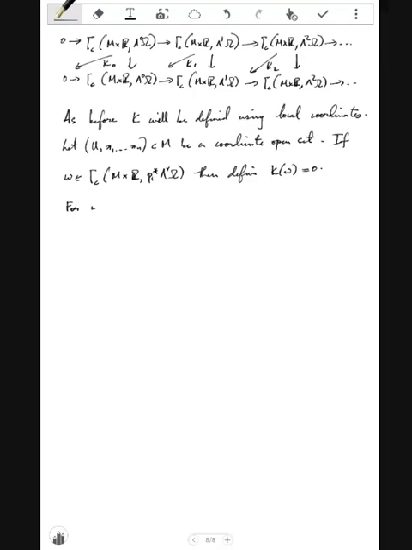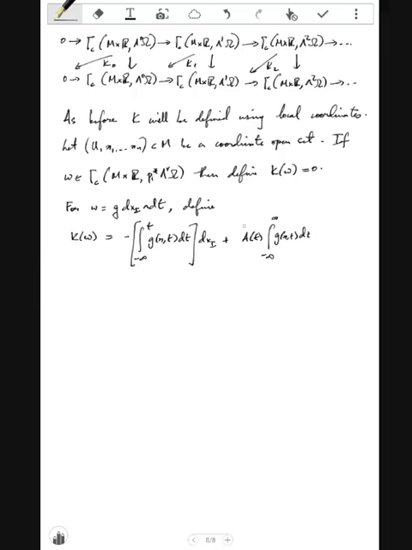For omega of the form g dxi wedge dt, define k of omega to be minus the integral from minus infinity to t of g of x comma t dt, times dxi, plus a term involving a of t times the integral of g dt, where a of t is the function, the integral from minus infinity to t of e of t dt.